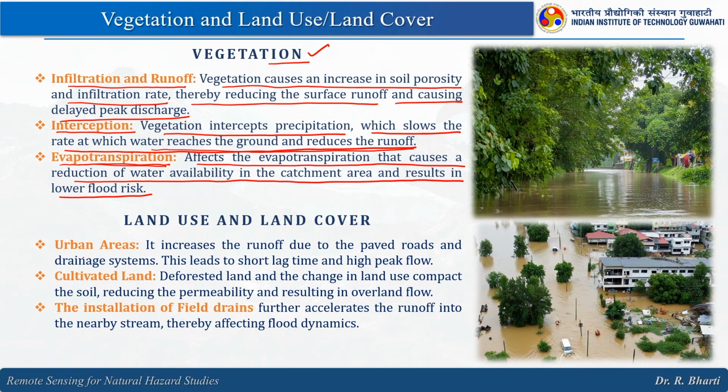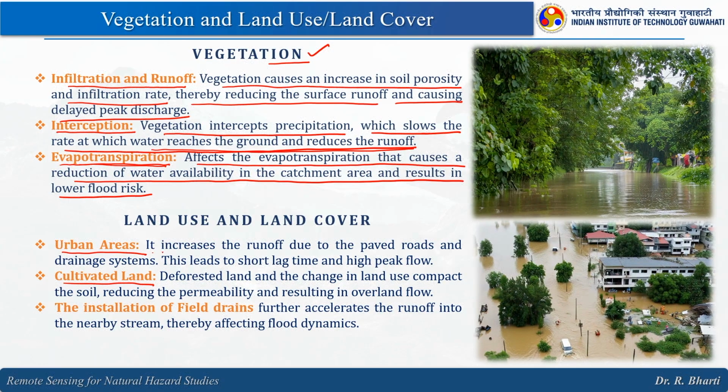When we talk about land use land cover, urban area and cultivated lands, these two different forms will help you understand the role of water and how it is governing this flood. In urban area, what happens?